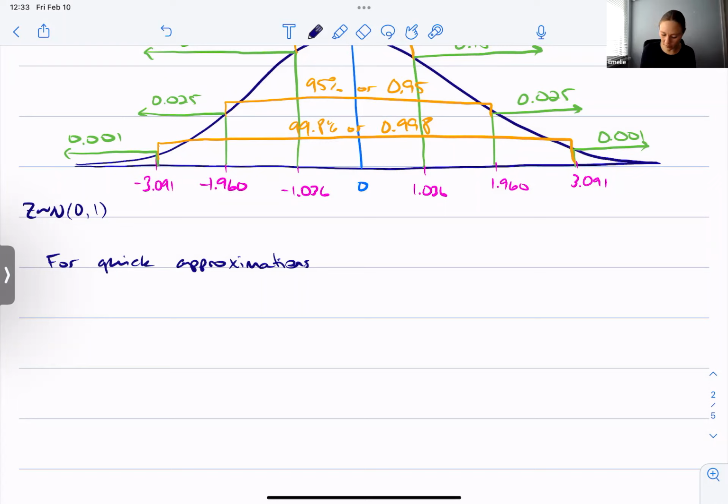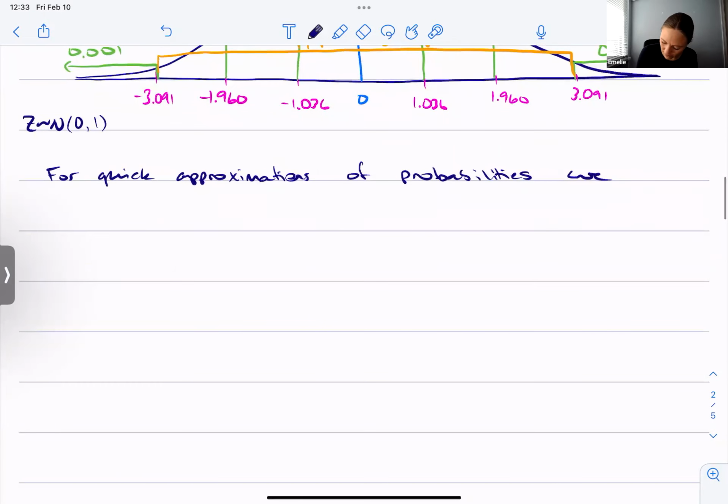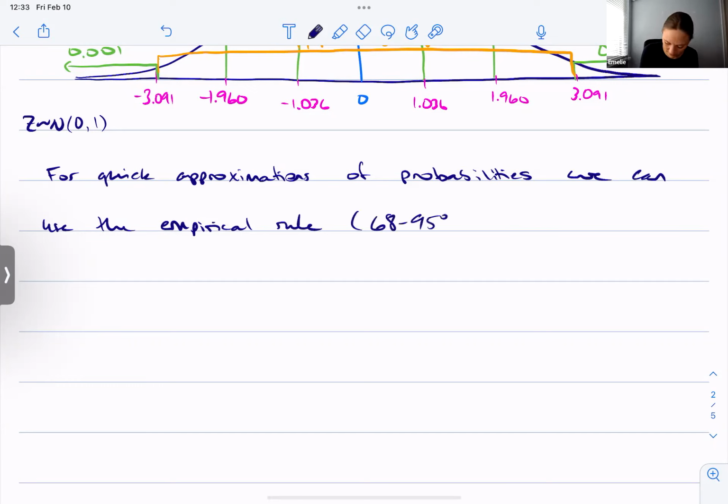So for quick approximations of probabilities, we can use the empirical rule, which is also called the 68, 95, 99.7 rule.